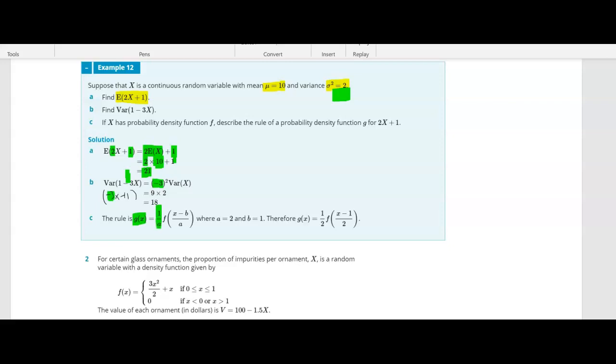So 1 on A, so these are your, including all your transformations of g of x. And then it's just a straightforward substitution. So if we know that A is equal to 2 and B is equal to 1, we're just substituting A and B into that function. And that just shows us the transformations that have occurred for g of x.